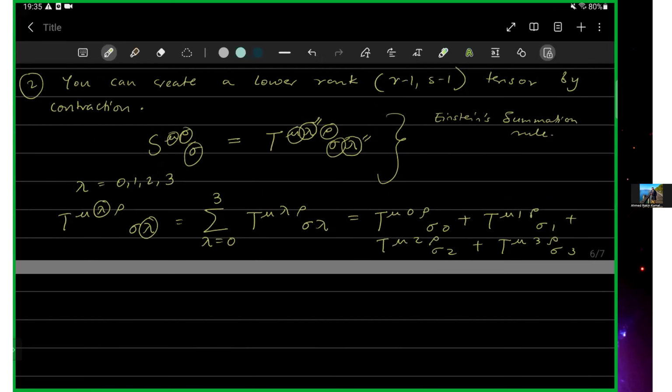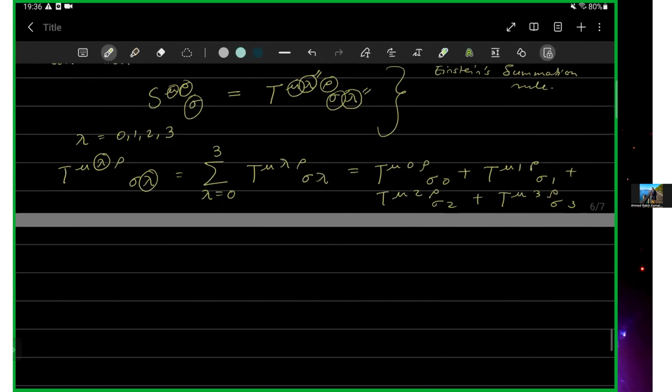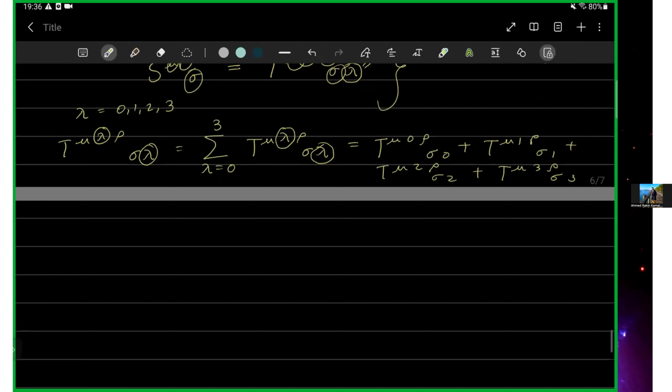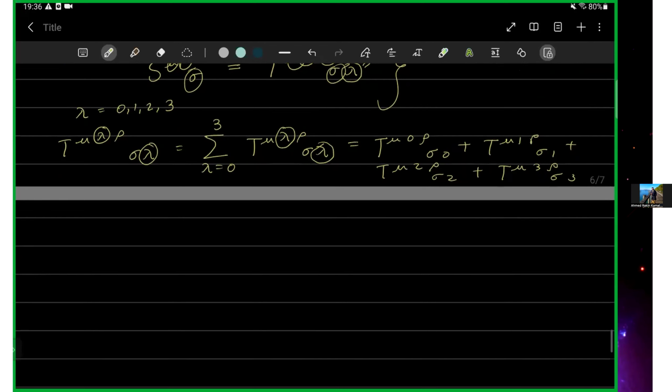Basically, the indices can be contracted out, and by contraction, you can lower the rank by the contracted index. Okay, so since we have one index over here that is contracted with the other index downstairs, that means you would lose one degree of freedom, right? And therefore you would have a one lesser rank tensor. Okay.